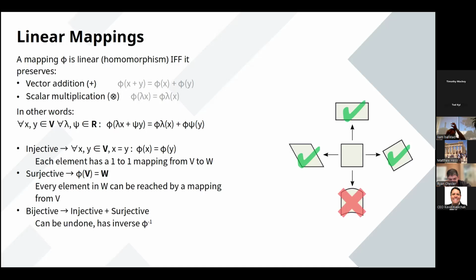So if you add 2 of the values together, that could be multiple values in R3, but one value in R2.